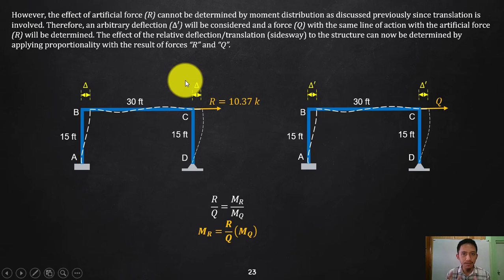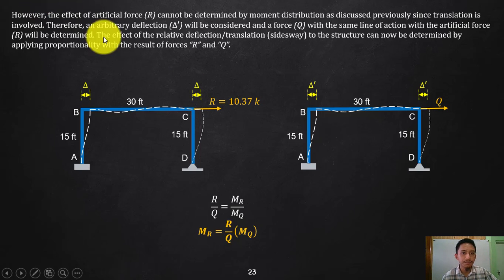So again, as I've said, you cannot apply moment distribution if there is a translation involved, since that is not considered in our formulas.